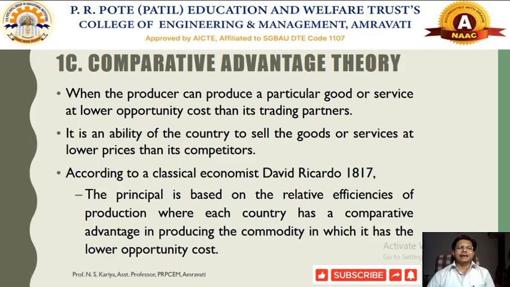So it is the ability of the country to sell goods or services at lower prices than its competitors. Say for example China. China has developed its individual districts as clusters of production, and they developed the individual technologies there so that they can make excess production of that particular goods and services and make the product available in other countries.